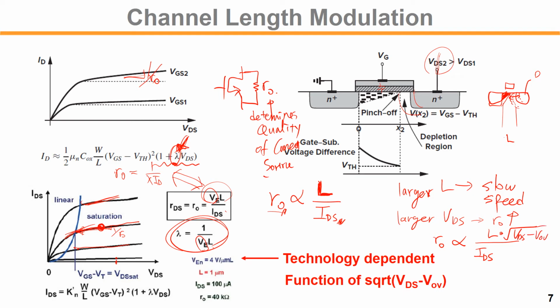There's some relationship. So from the edge of the operating point, the triode boundary between linear and saturation, if this voltage difference delta is higher, then you get larger RO. So this is something that you can use in your circuit design.